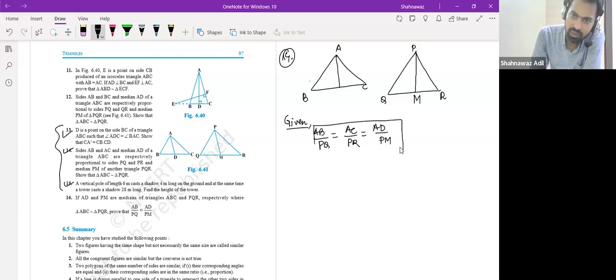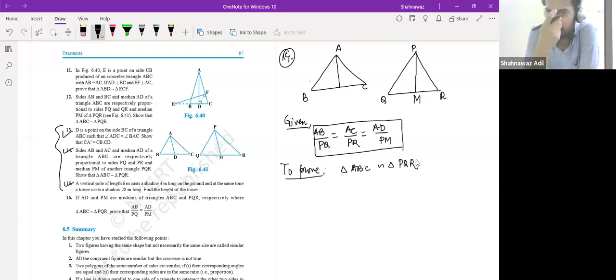This is given, and they want us to prove what. So prove triangle ABC similar to triangle PQR. So this is the question.